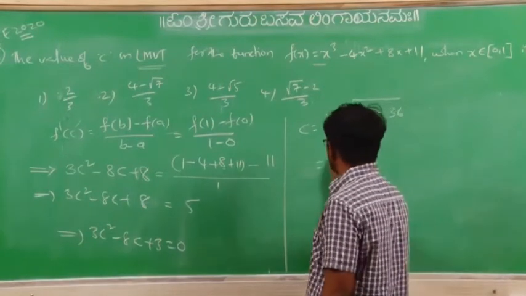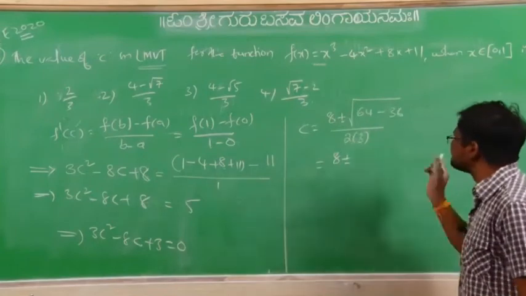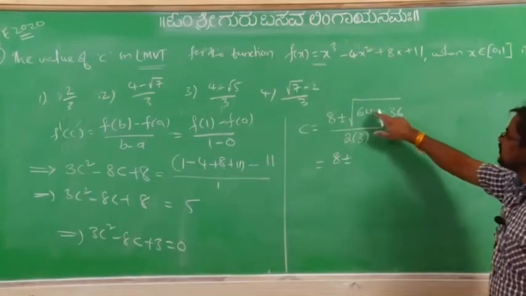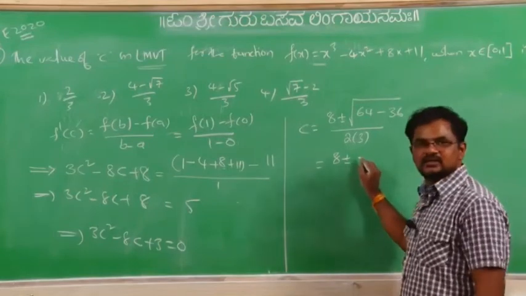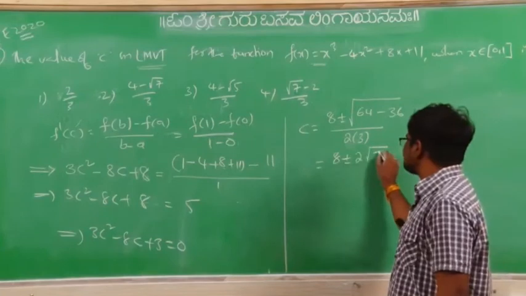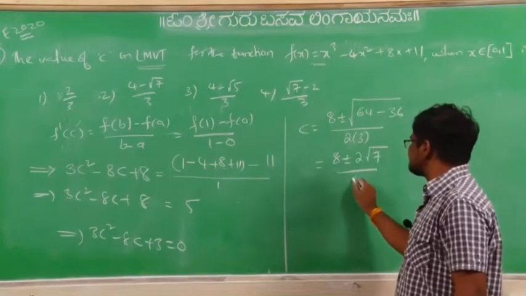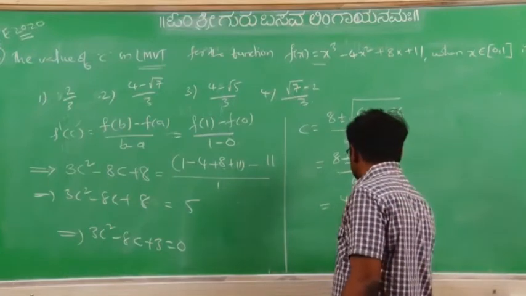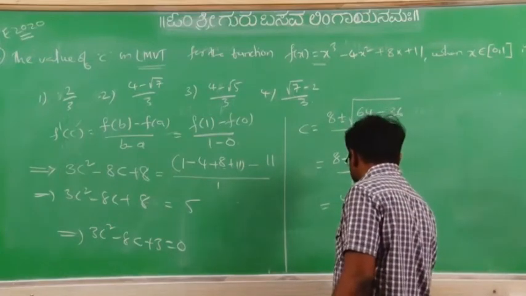That is 8 plus or minus root of 64 minus 36, which is 28. Root 28 is 2 root 7, divided by 6. So that is equal to 4 plus or minus root 7 by 3.